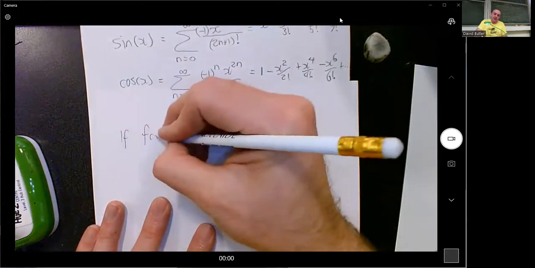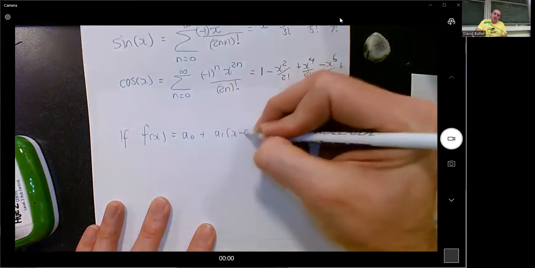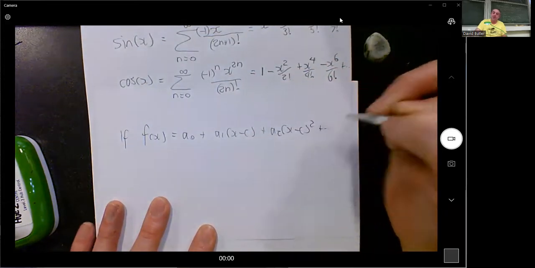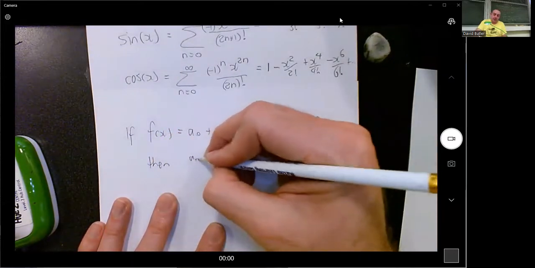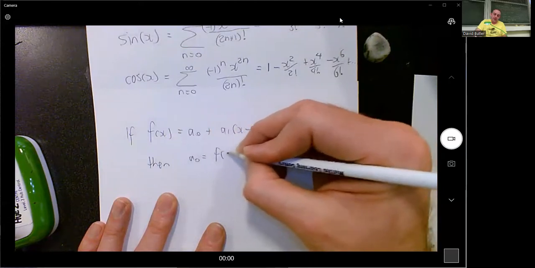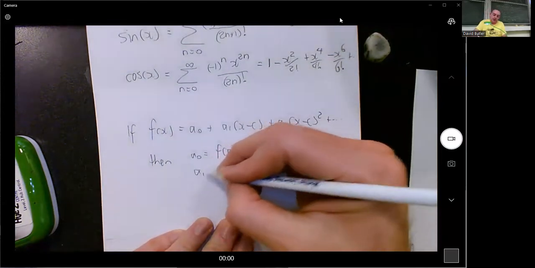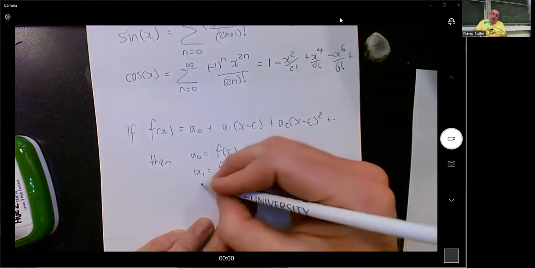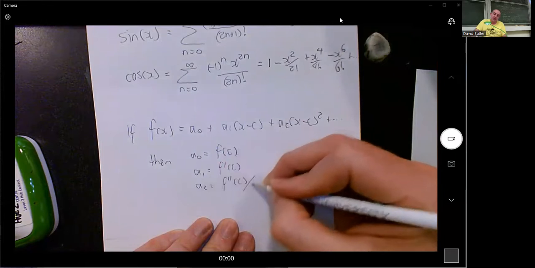If f of x is indeed equal to a0 plus a1 times x minus c plus a2 times x minus c squared plus forever, then a0 will be f of c. And a1 will be f dashed of c. And a2 will be f double dashed of c divided by 2.